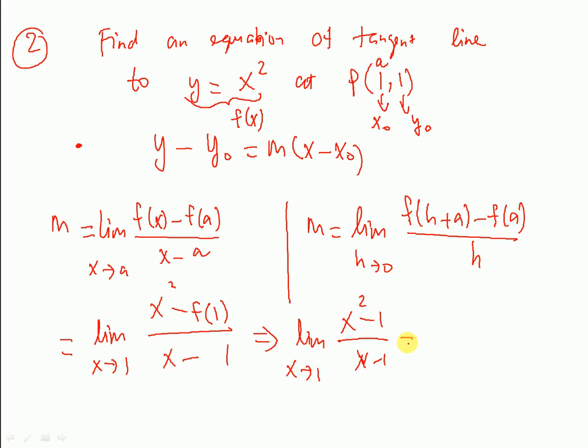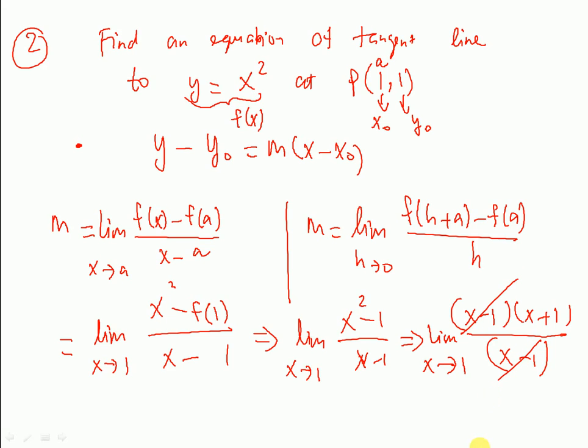Then we can factor the top. x squared minus 1 is a difference of squares, or (x minus 1)(x plus 1). You can factor it into these two factors, and then x minus 1 at the bottom. The x minus 1 factors cancel. You're going to have the limit as x goes to 1 of x plus 1. Now you can just plug in x equals 1, which is 1 plus 1, or 2. So 2 is your slope.